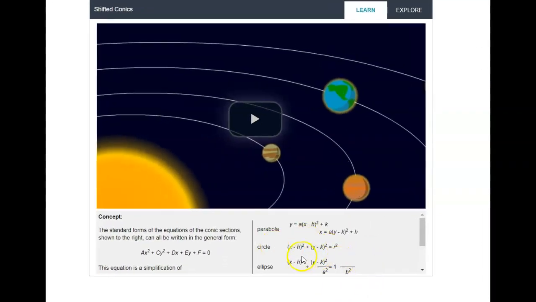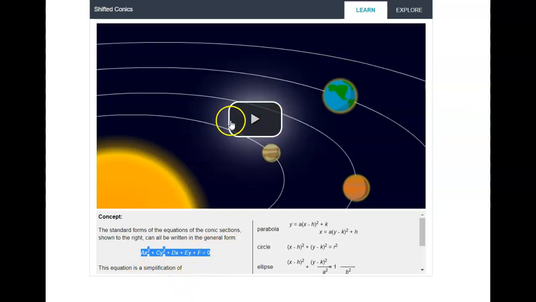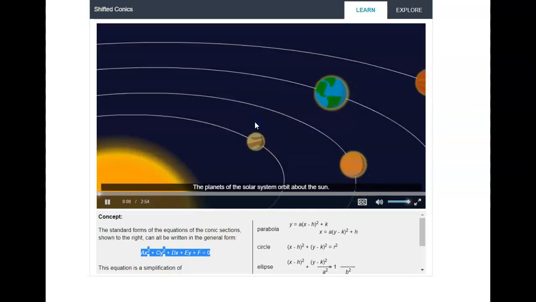And so you can see here the equations, and this is the standard form of those equations. So they all have a general form and a standard form. The standard form is written that way, and based on those letters representing the coefficients, you could tell what kind of conic we have. So I'm just going to play the very beginning.